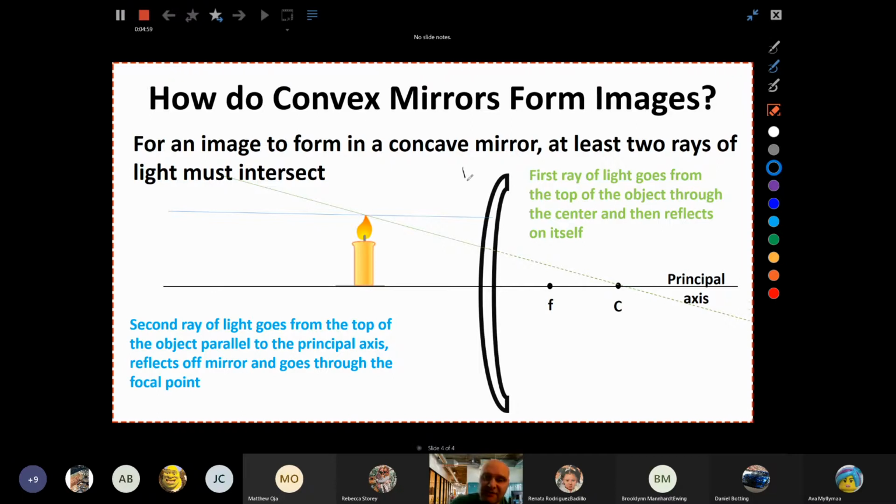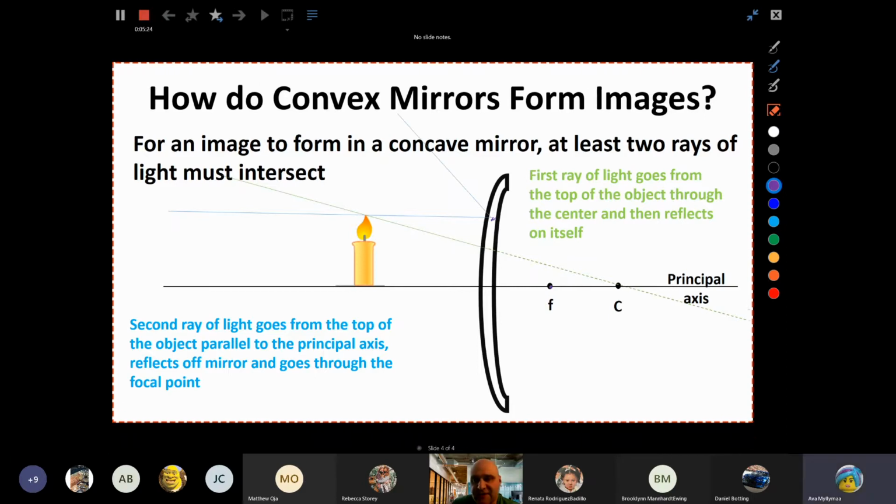Pretend this is a ruler I'm drawing here. You'd line your ruler up. Okay, that's a ruler, by the way. So you'd line your ruler up like that, and then you go about and draw your next line. Hopefully that makes sense. And here it goes. So you line your ruler up from this point and through the focal point.